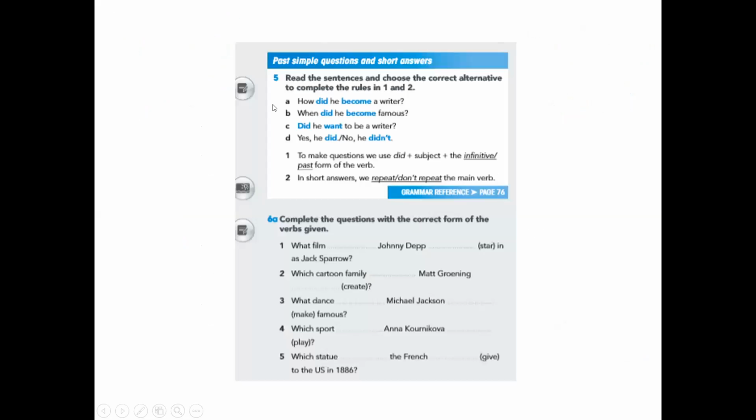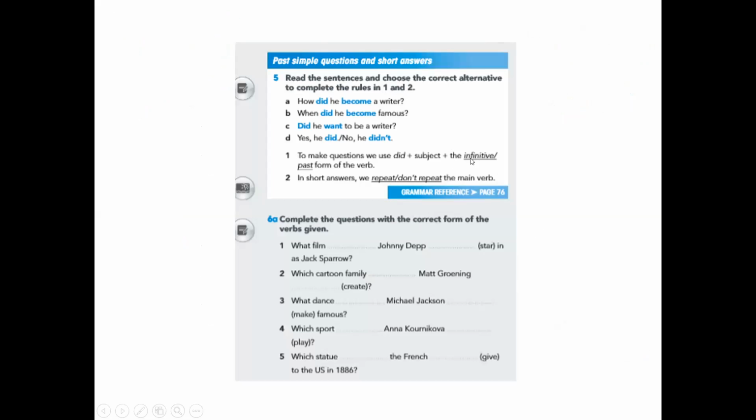Let's see now how to do it in your book. They want you to read the sentences and choose which one is correct to complete rules 1 and 2. First rule, to make questions, we use did plus subject plus infinitive or past form.